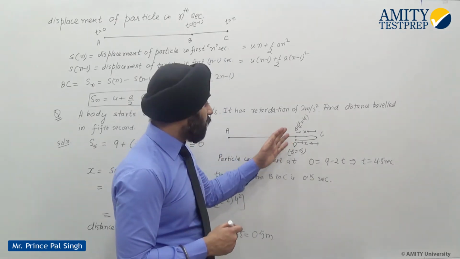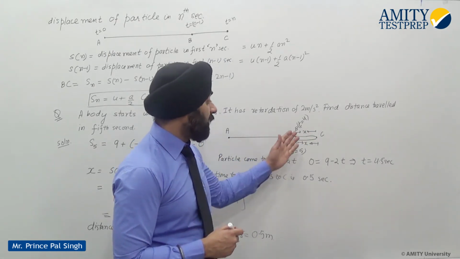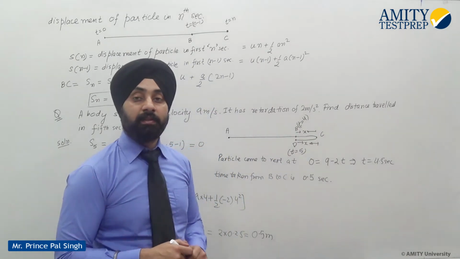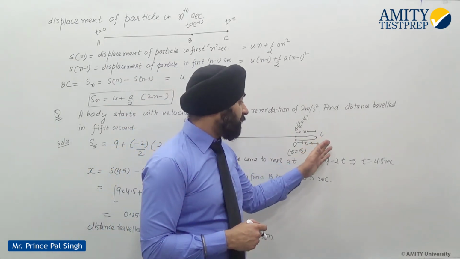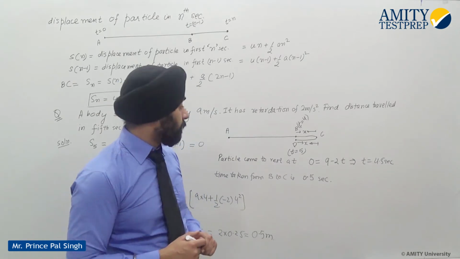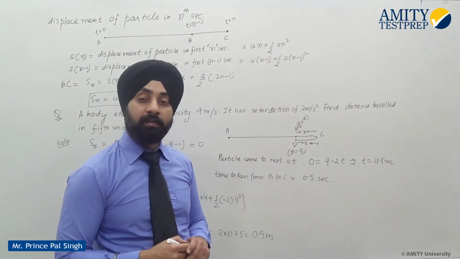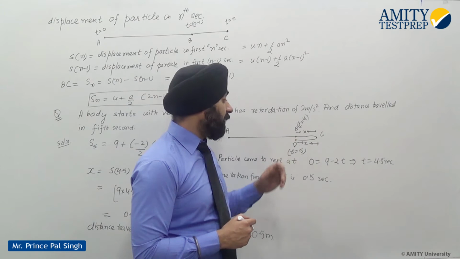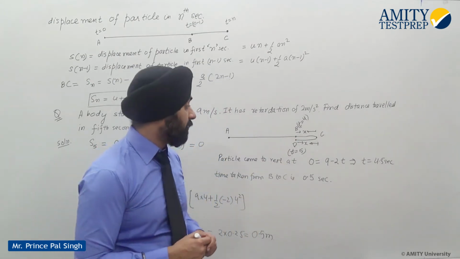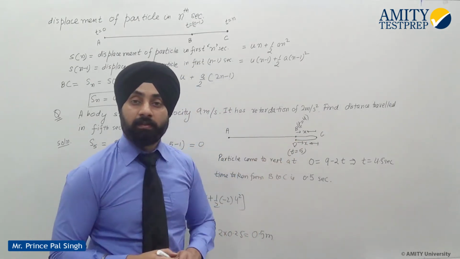So from B to C, it has travelled a distance, let's say x. After C, it starts back towards A and it reaches a point D, which is again at distance x in the reverse direction.